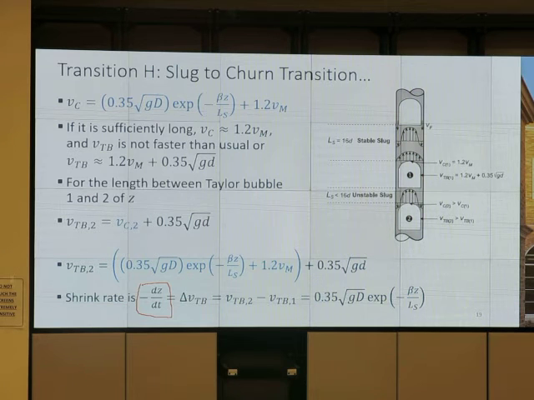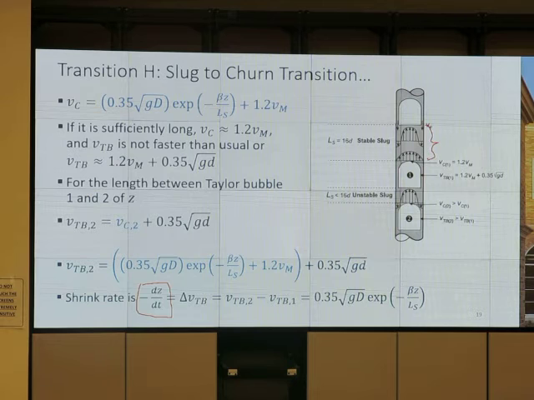Distance, right? Derivative of distance over time gives me velocity. Make sense? So shrink rate is this length versus time. I have a minus sign over there because it's shrink rate.